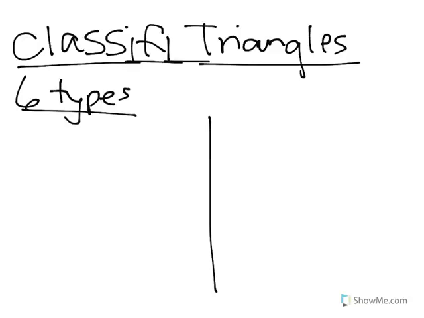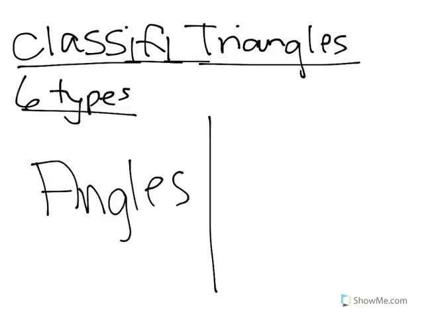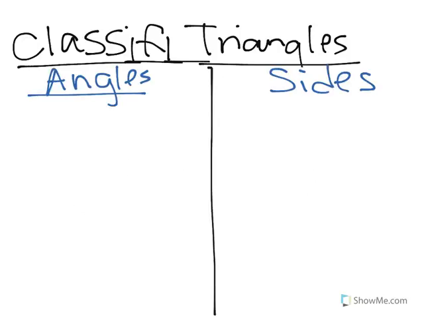But we have it in 2 categories. The first category, we name triangles based on their angles. And the second category, we name the triangles based on their sides. And that's a good way to remember the different types of triangles. Okay?